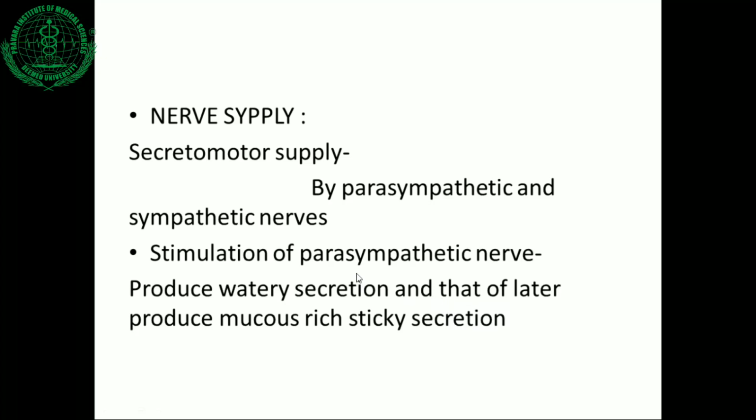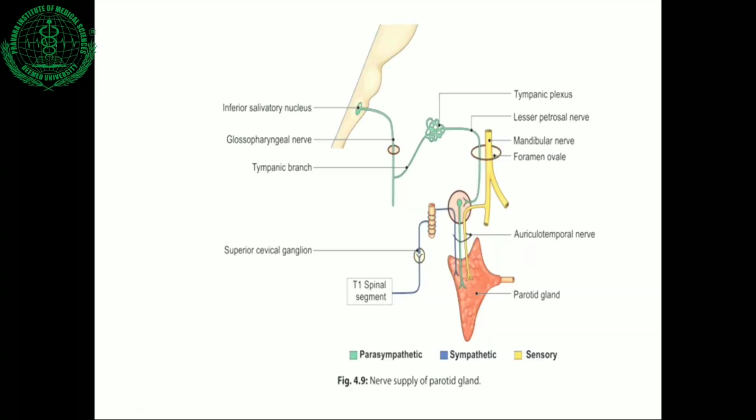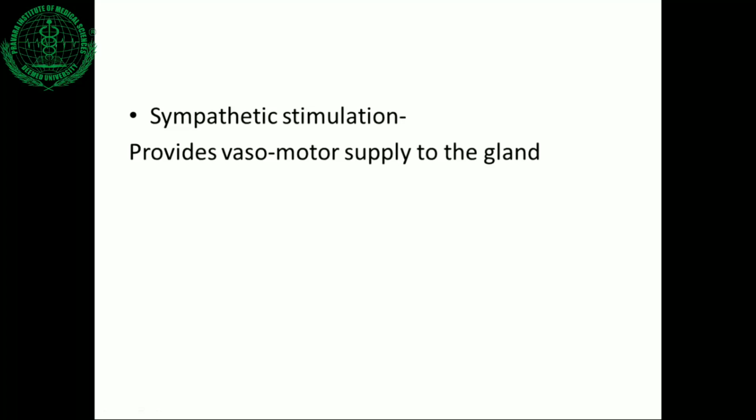Stimulation of the parasympathetic nerves produces watery secretion. Sympathetic stimulation of the parotid gland provides the vasomotor supply to the parotid gland, and also the sensory supply.